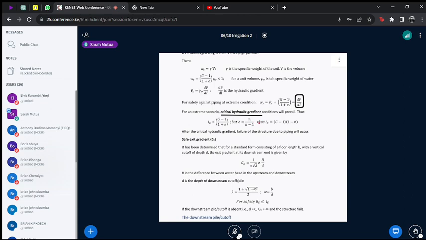But void ratio can be written in terms of porosity as given. Therefore, your exit gradient is given by (G minus 1) times (1 minus n).